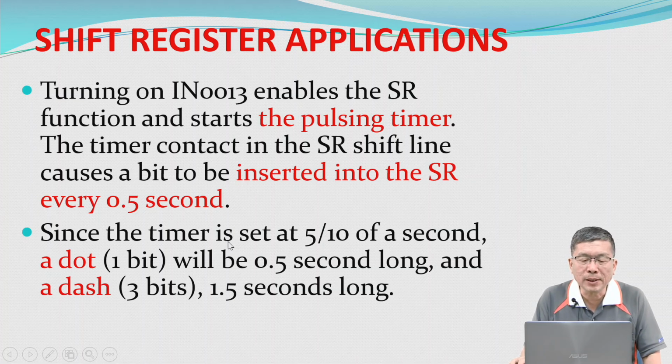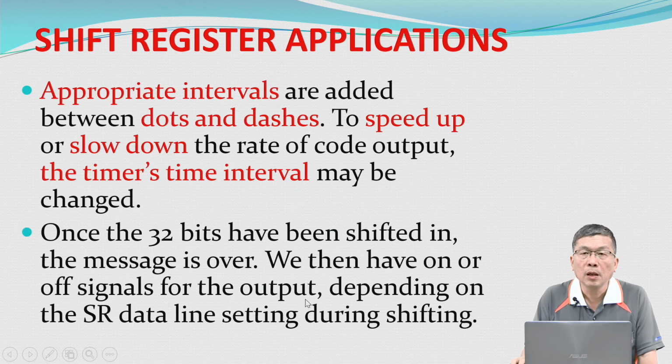Since the timer is set at 0.5 of a second, a dot will be 0.5 seconds long, and a dash, 3 bits, 1.5 seconds long. Appropriate intervals are added between dot and dash.